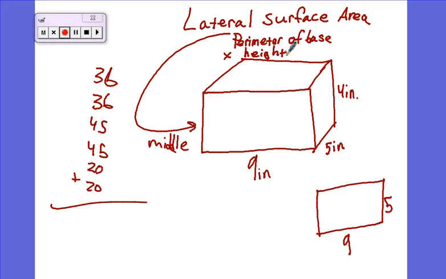So in this case, we did 9 and 9 is 18, 5 and 5 is 10, that's 28. 28 times 4 gave us the magic number of 112 square inches. Okay?